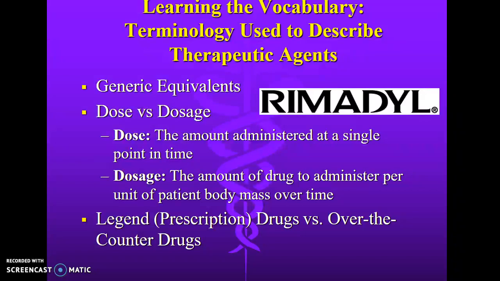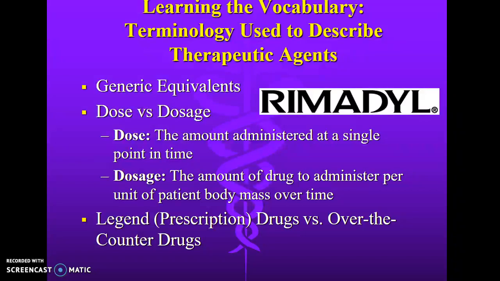It's going to be a weight that we're giving. Remember, an amount of mass, so milligrams, grams, that kind of thing, per kilogram of body weight of the animal, pound of body weight of the animal. So we use that to calculate the amount in milligrams or grams that we're going to give to the animal.